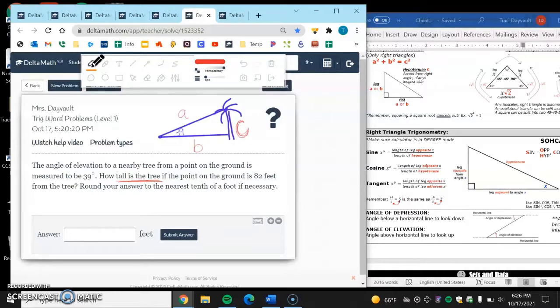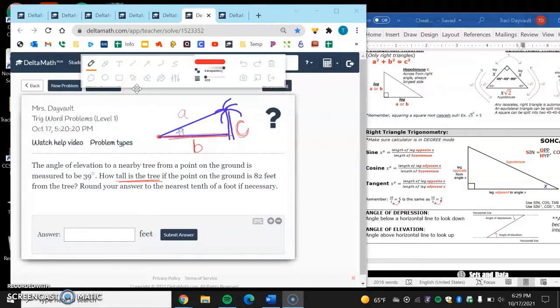And if it says the point on the ground is 82 feet from the tree, which side would that be giving us? 82 feet would be B because that's going to be a point on the ground and the distance from the tree is going to be your horizontal distance here. All right, same thing, you set up your proportion. This one I think would be tangent because it's opposite over adjacent. So you just set up your ratios and solve them.